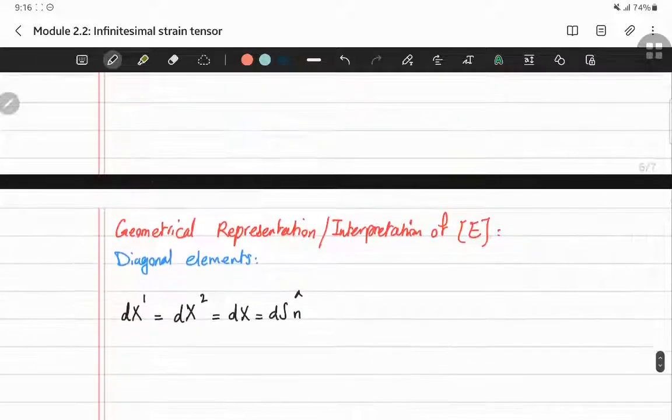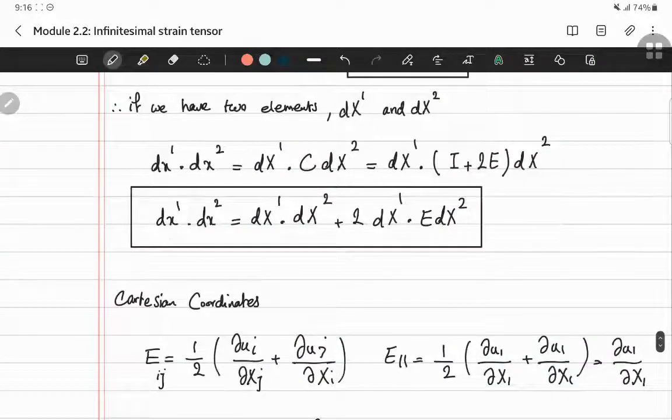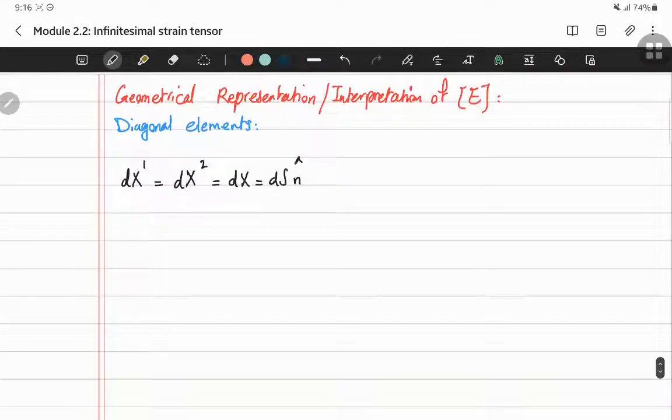So, we already derived an equation here. This is very, very important. I call it the black square. So from the black square, it is of course clear that dx1 is also equal to dx2. So it also has dS, something else like m or whatever. It's not important here.